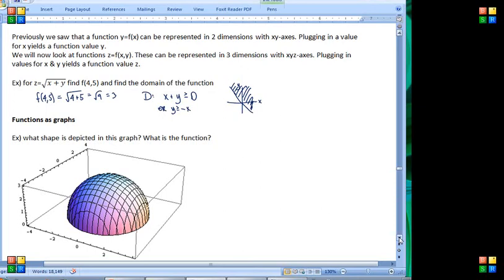So let's see, what can we learn about this sphere or hemisphere? First of all, what's the center of the sphere? Okay. So let's say this is z, this is x, and this is y. So the center looks like it's at x equals 0, and then over here, y equals 0. And then what about z?